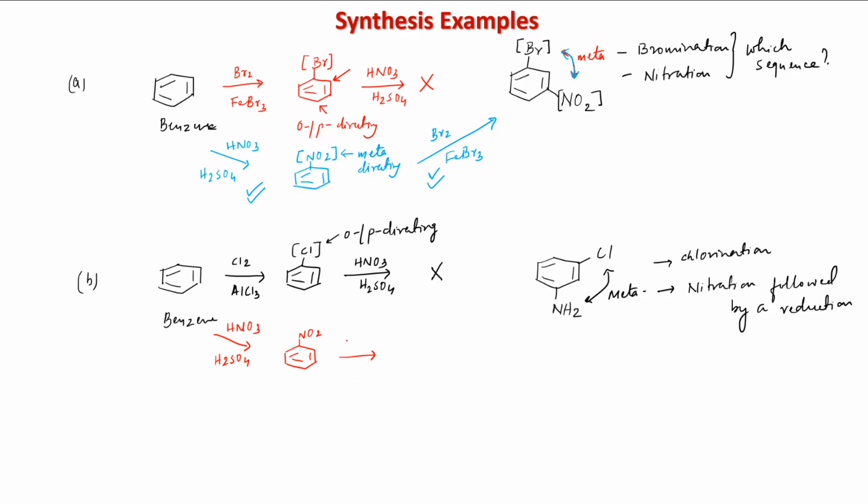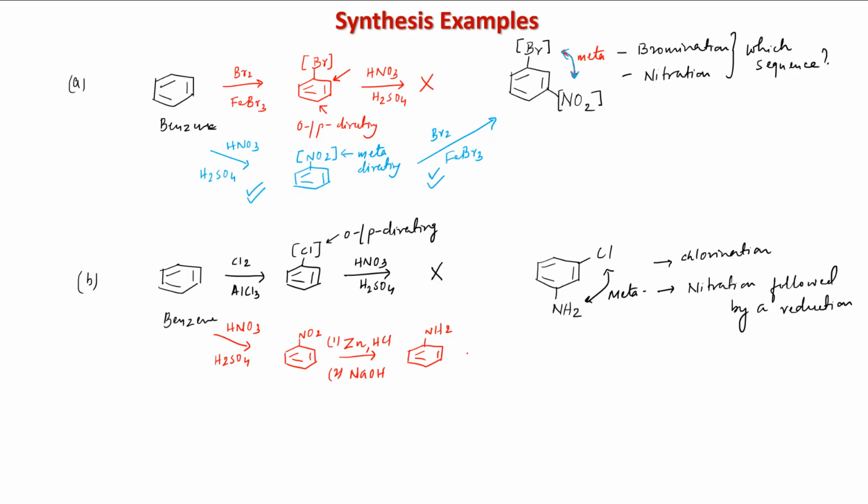So we can do the reduction using zinc and HCl, followed by the reaction with sodium hydroxide, or workup with sodium hydroxide. And this would convert the nitro group into an amino group.